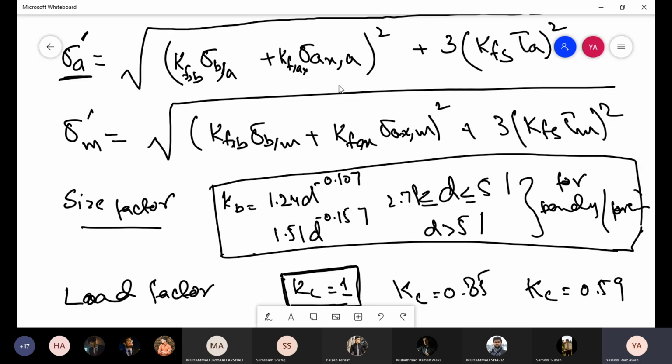Okay? So instead of multiplying the strength by 0.85, thereby reducing the strength, we increase the axial stress level by the same factor. Okay? So the alternating axial stress is divided by 0.85 to take care of this factor.